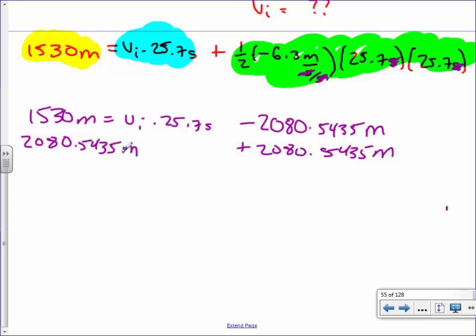Can these two numbers actually add together? Why? Good. That's the point I want to make. You will know if you make a mistake if, like, this is meters and this is not the exact same thing. Because you can add meters to meters, but you can't add meters to seconds. Does that make sense? They have to be of the same kind of unit. So these two numbers should be able to add together. So let's do that.